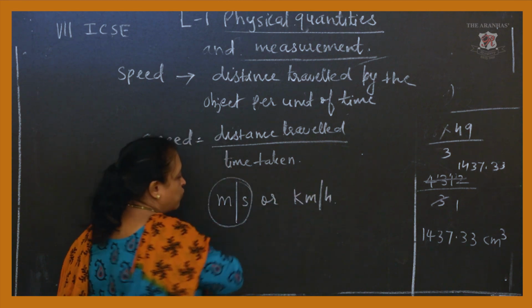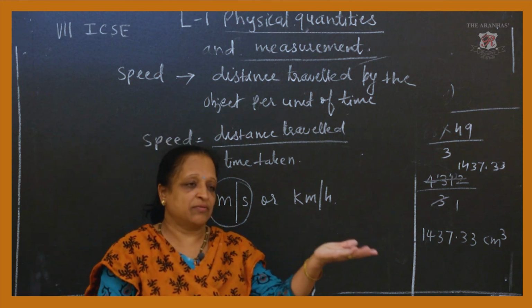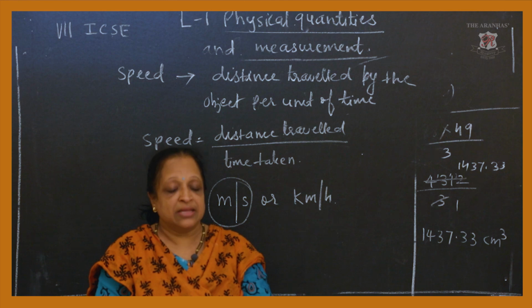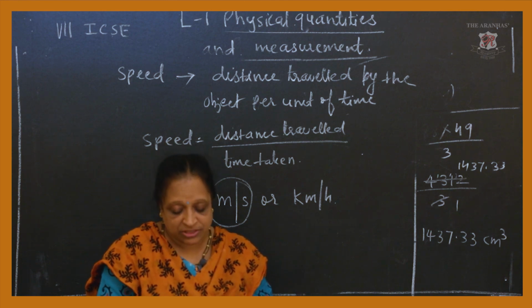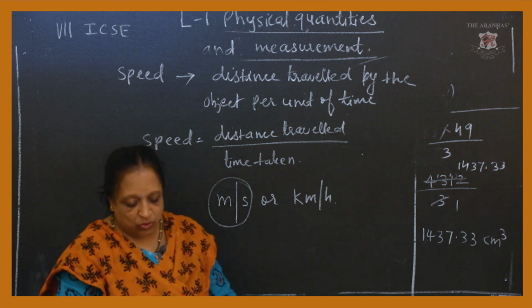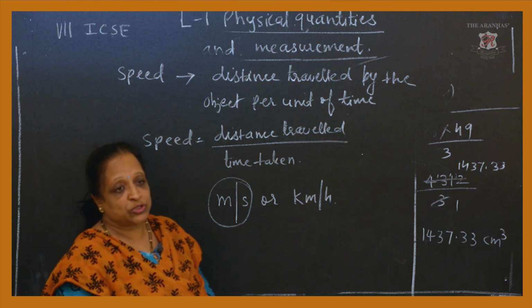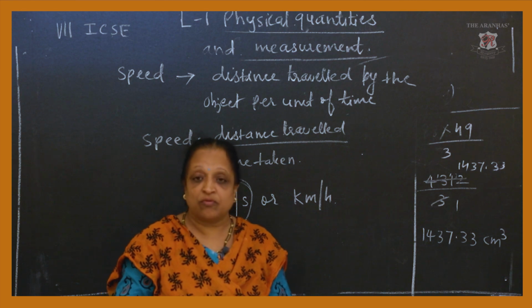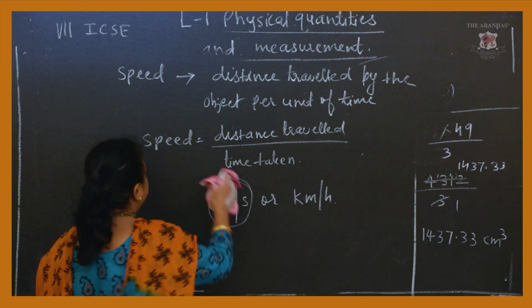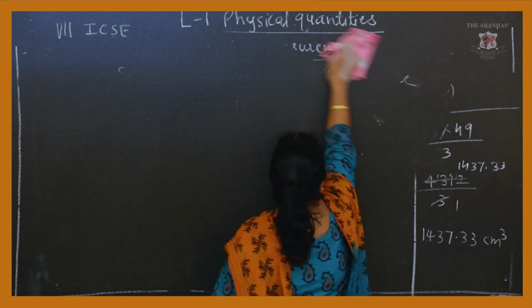But so far as we are concerned with physics, further when you are calculating in this class, you are going to calculate in meters per second. To convert it into meters per second, we have one formula.